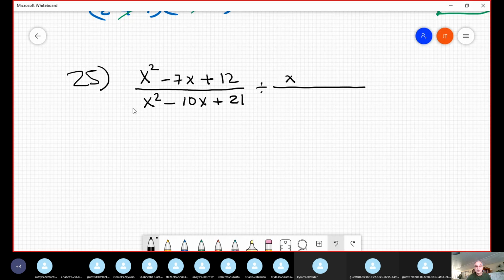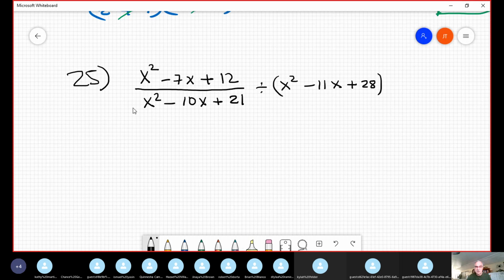No line, it's just division. They put a parenthesis here.